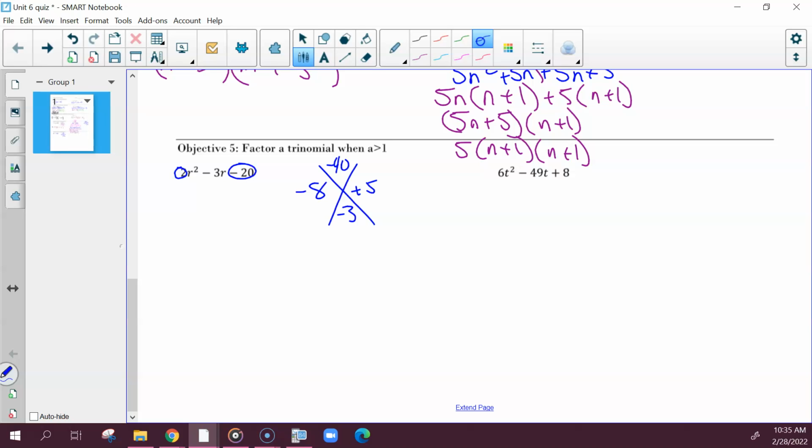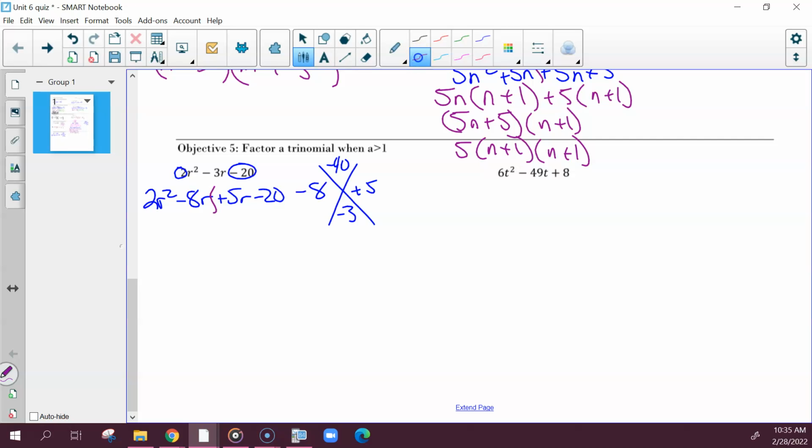So from here, we're going to rewrite this. 2r squared stays the same. Put in the two numbers you found with the variable: negative 8r plus 5r minus 20. From there, split the middle, start factoring by grouping.